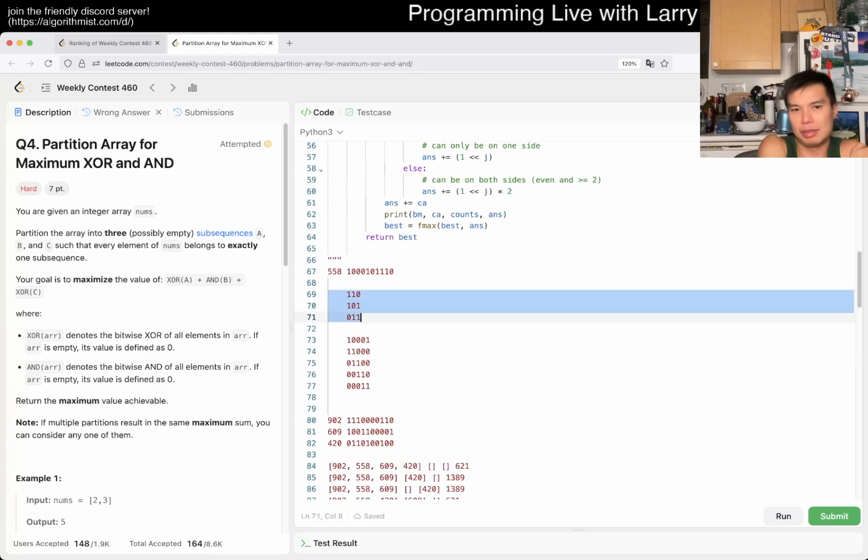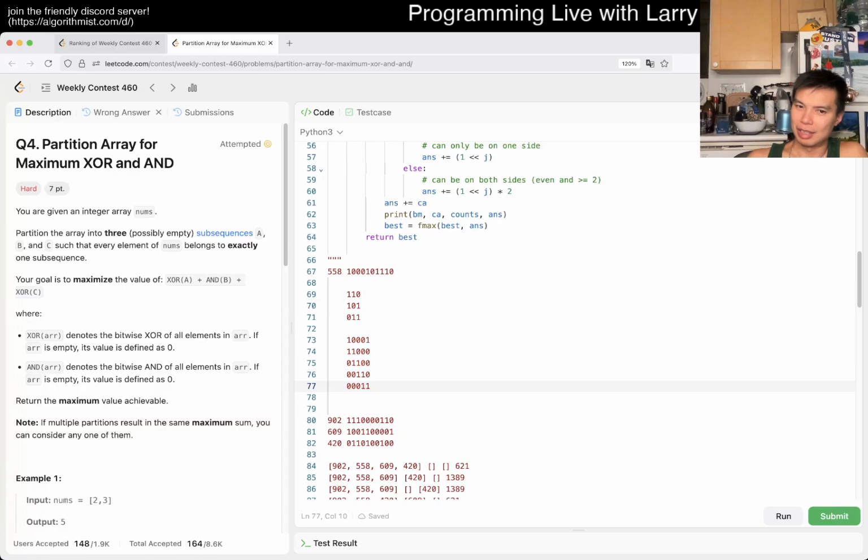Okay, how do I think about this? So if this is a matrix we're trying to optimize, I don't even think that makes sense.